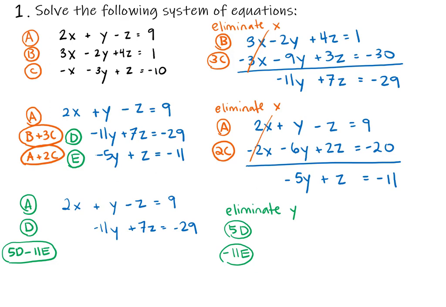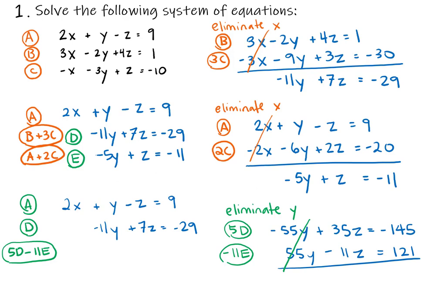So I get negative 55y plus 35z is equal to negative 145. And negative 11e gives me positive 55y minus 11z is equal to positive 121.